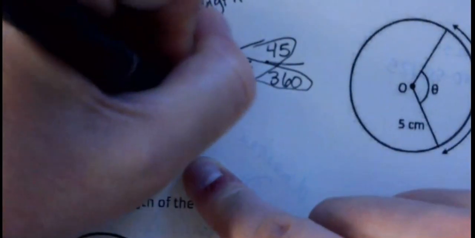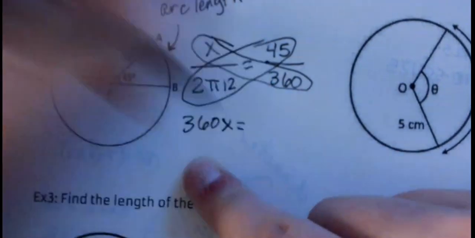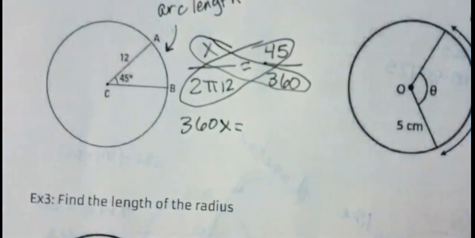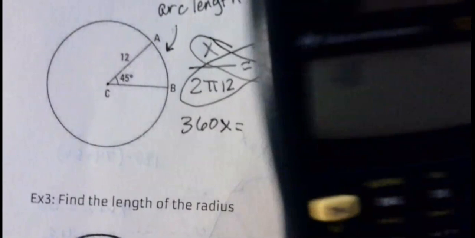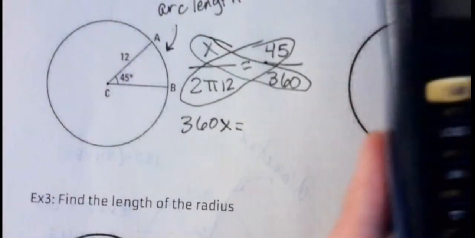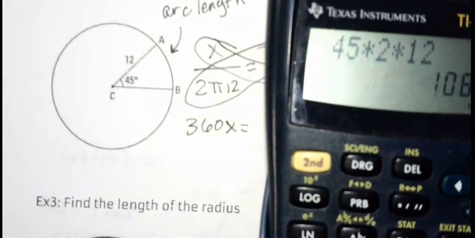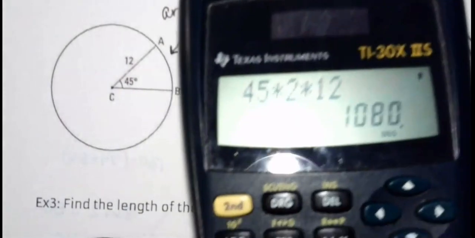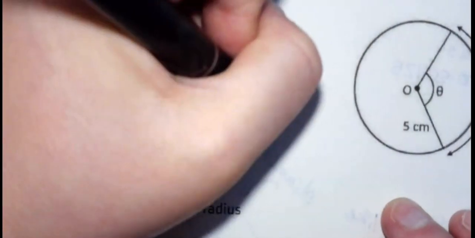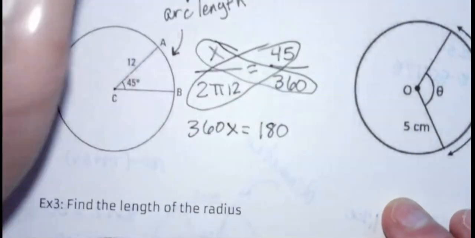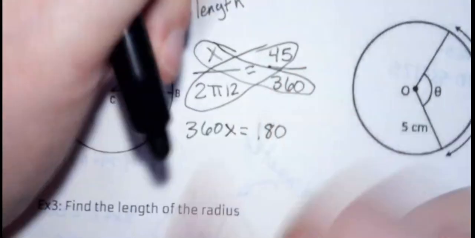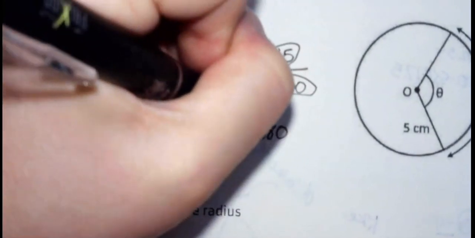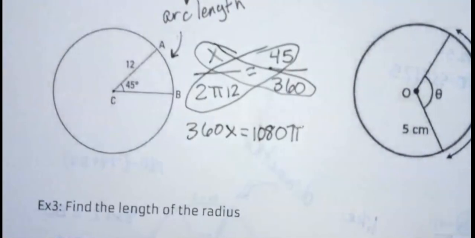So 360x on one side. We can't really see that on here, but 45 times 2 times 12, 1080 pi. Oh, that's not what we want. I forgot the 0, 1080 pi.